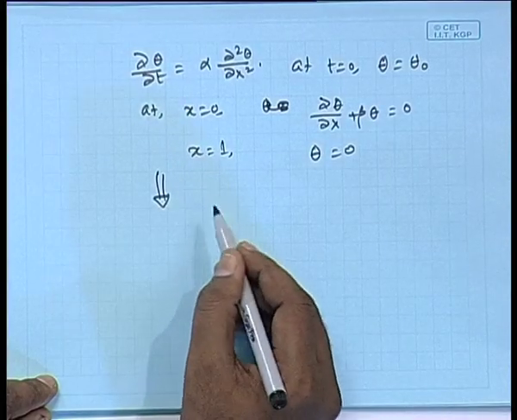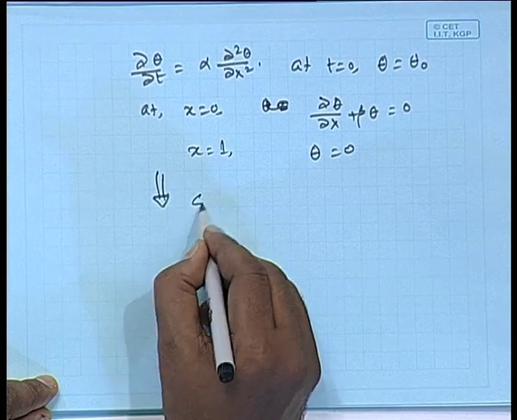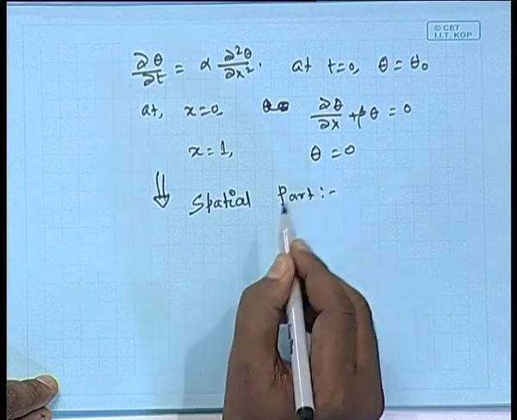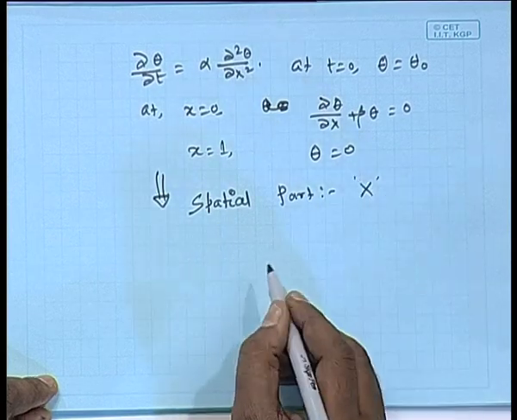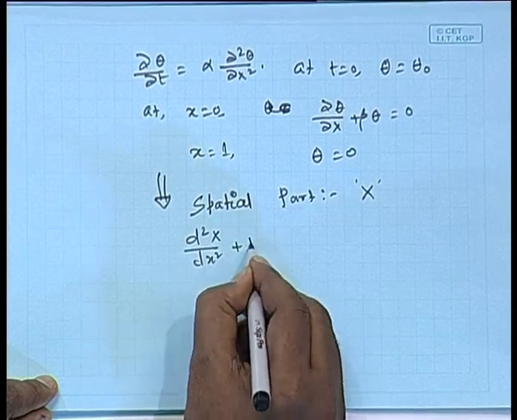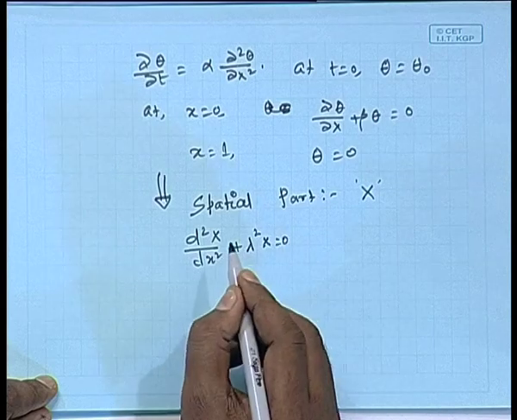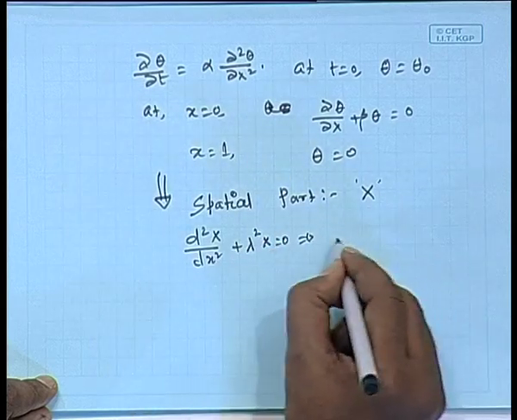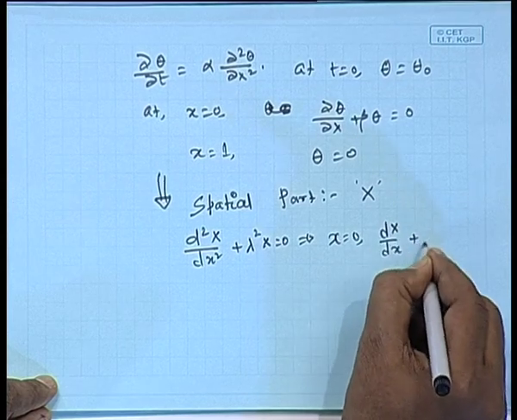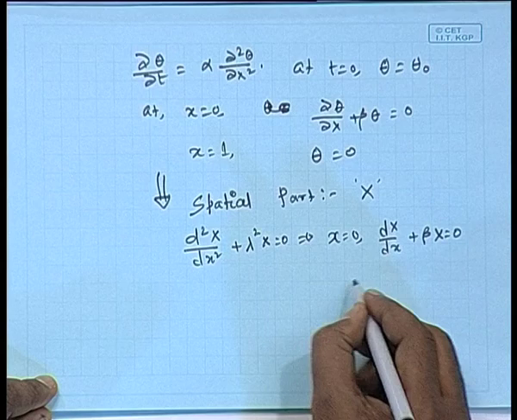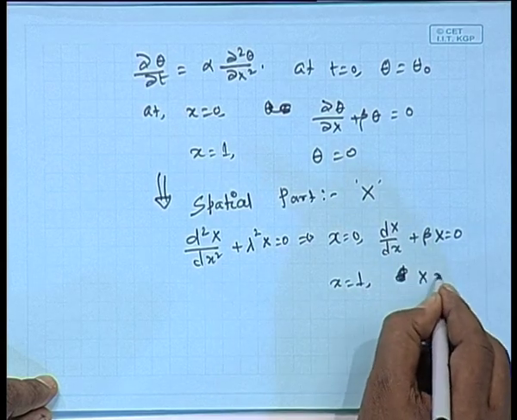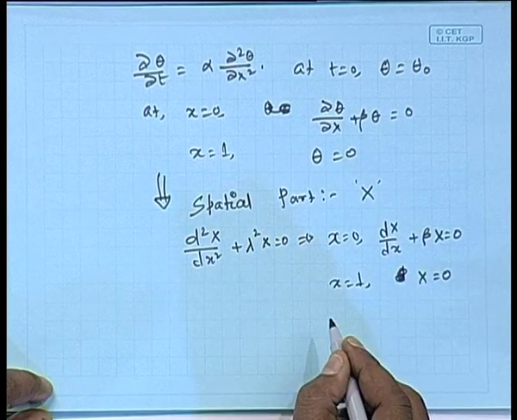Now, let us look into the problem. Let us see what we can face. The spatial part. Let us look into the spatial part capital X. Okay, the governing equation will be d square X dx square plus lambda square X is equal to 0, subject to at x equal to 0 dX dx plus beta X is equal to 0, at x equal to 1 your capital X is equal to 0. Okay.